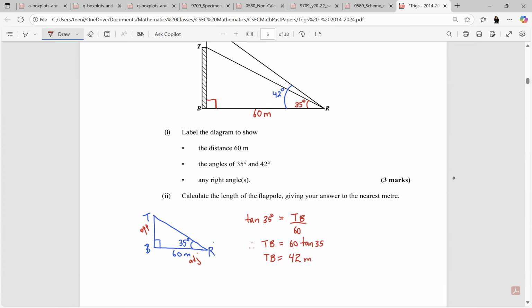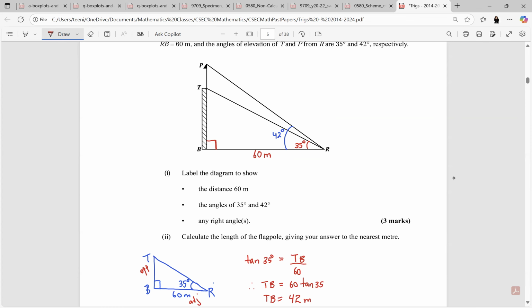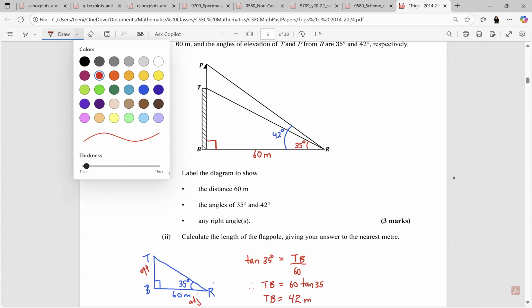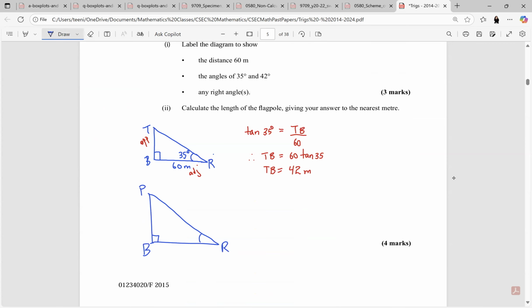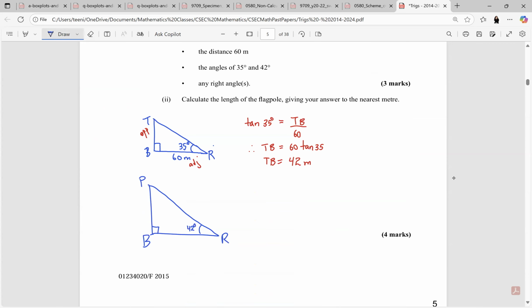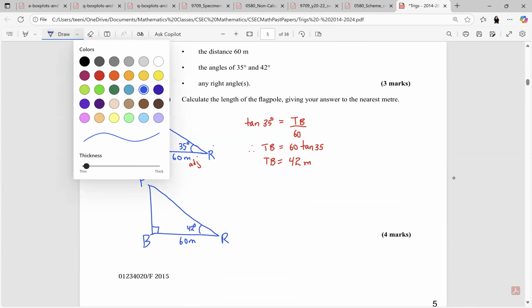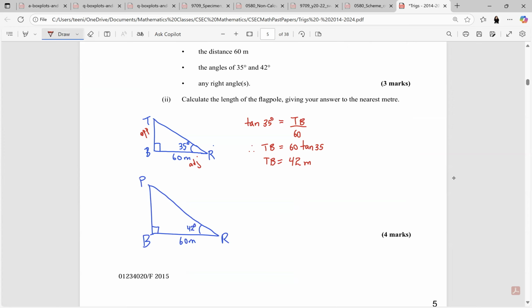And then the bigger triangle is PBR, and that angle is 42 degrees. This side is still 60 meters, so it's the exact same working, except you're using tan of 42 instead. So tan of 42 degrees is equal to PB over 60.